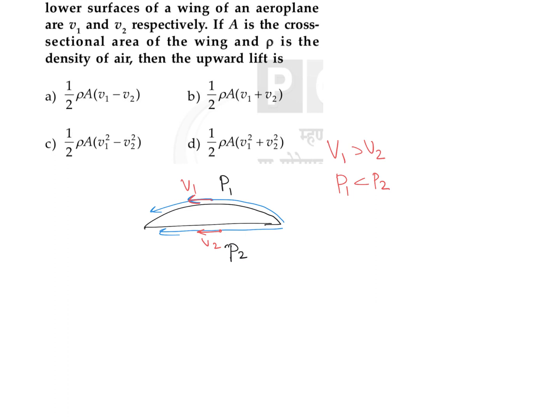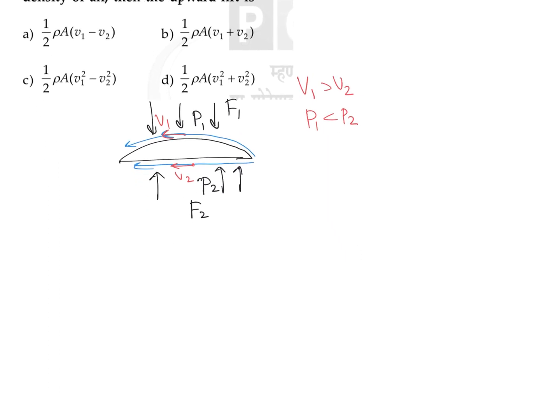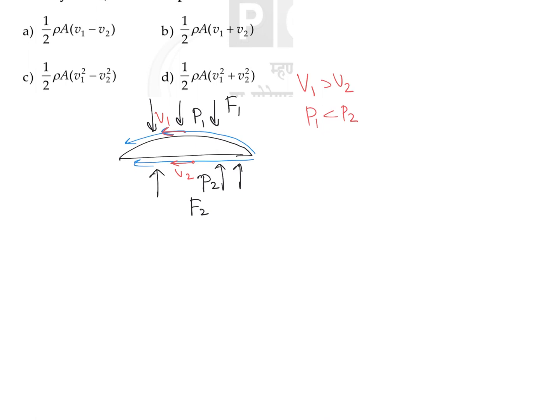Let's say the pressure P2 exerts a force F2 in the upward direction, and because of P1 a force F1 is acting in the downward direction. So the net force will be equal to the force acting upward minus the force acting downward. We take the upward direction as greater because P2 is greater than P1.